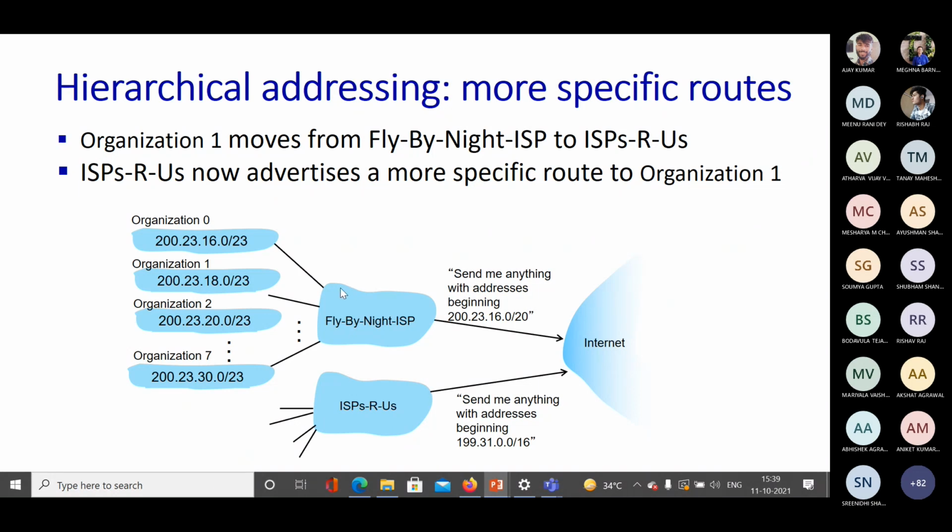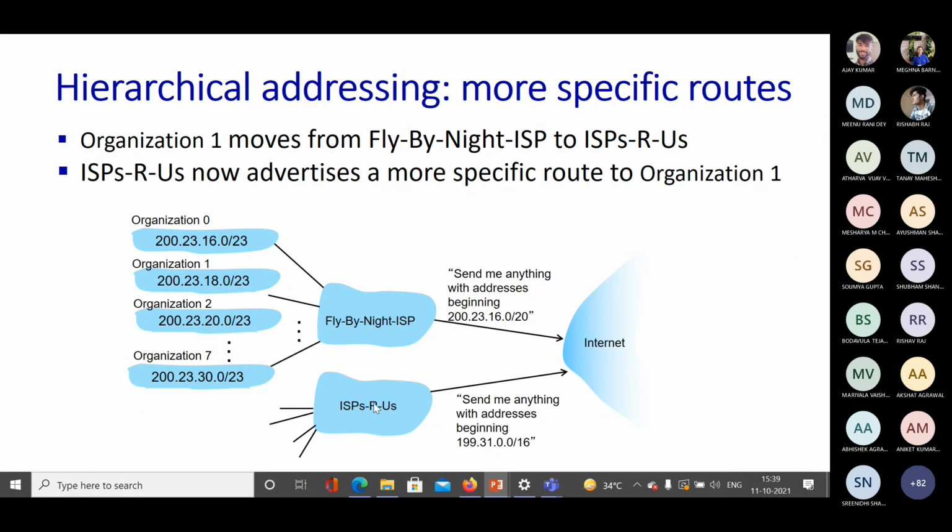So organization 1 in this example has moved from fly-by-night ISP to ISP's RUS. How would ISP's RUS now inform the internet that it also has organization 1 with it?